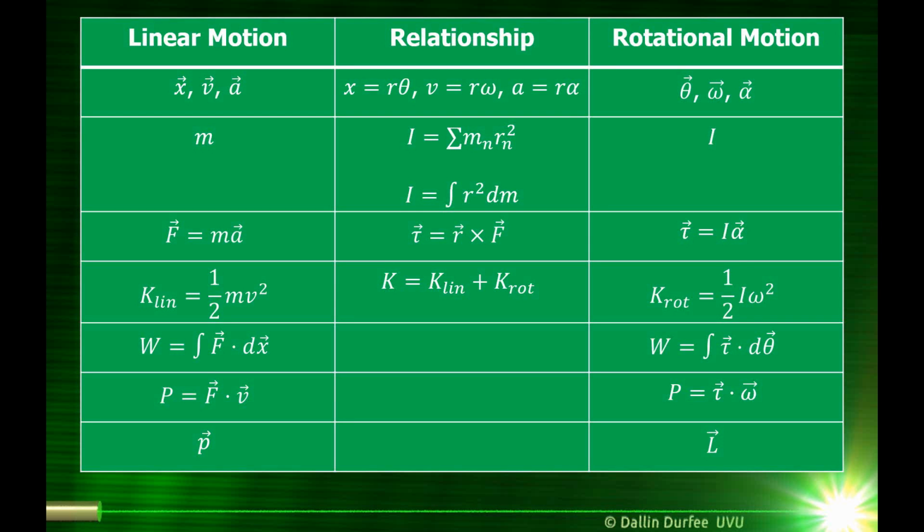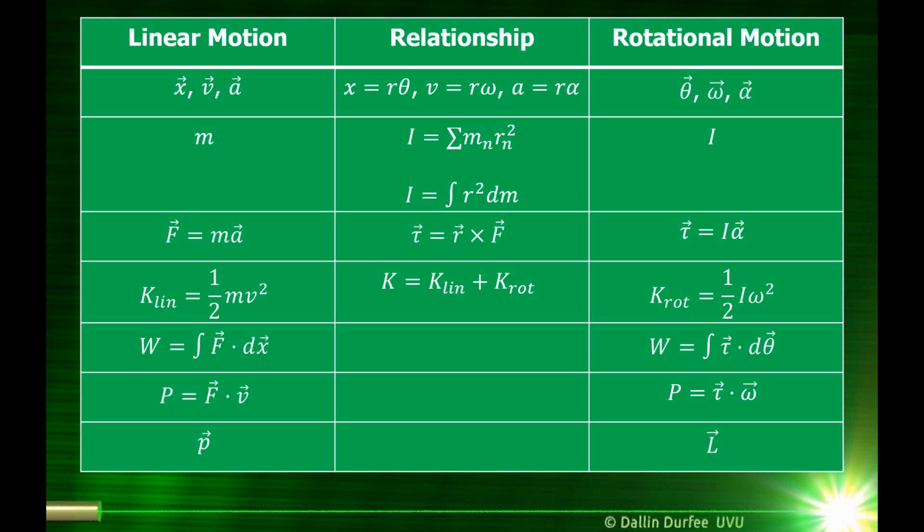All right, so I'm just going to leave you again with this chart. Today we talked about kinetic energy, work, and power, and we found that rotational kinetic energy is the same thing as linear kinetic energy, but it's the linear kinetic energy of the little pieces of the object that's spinning.